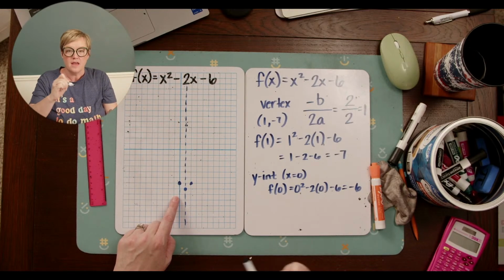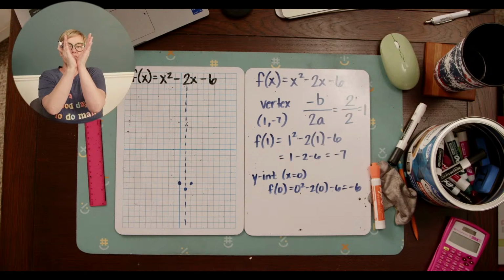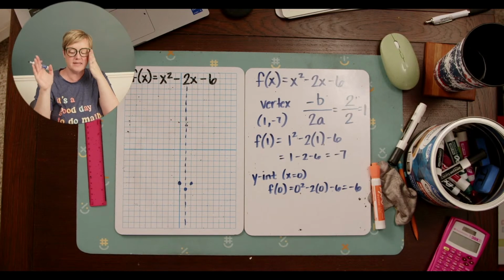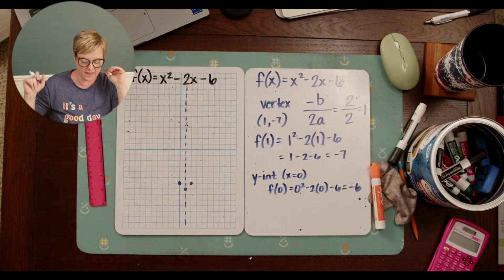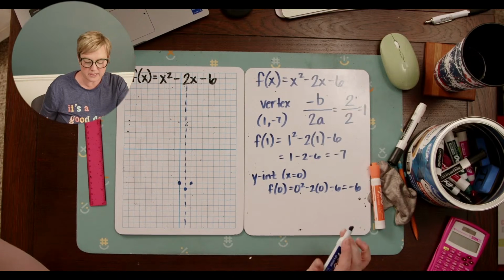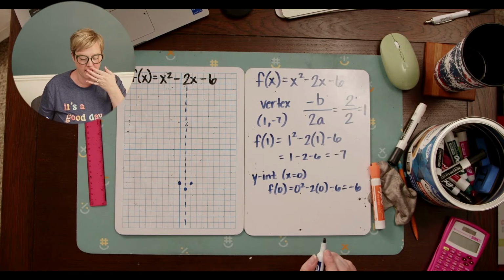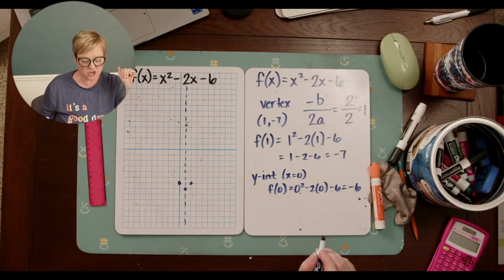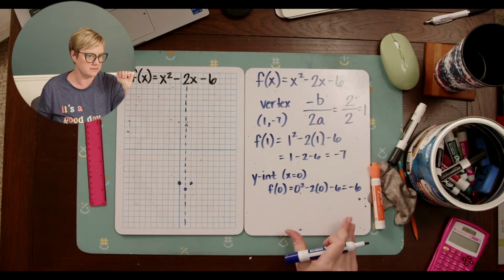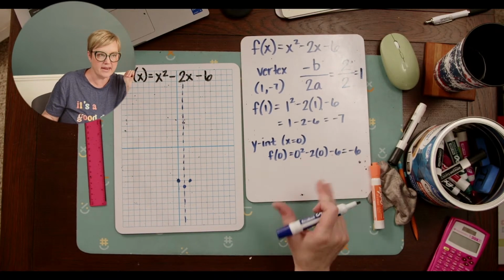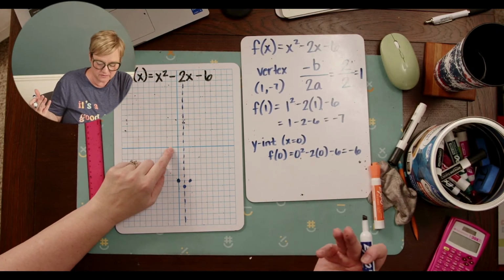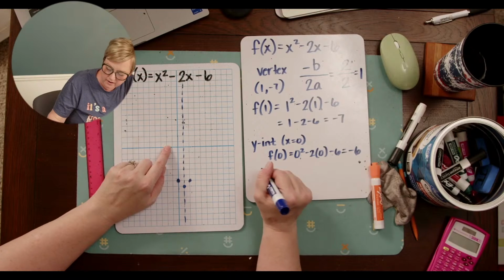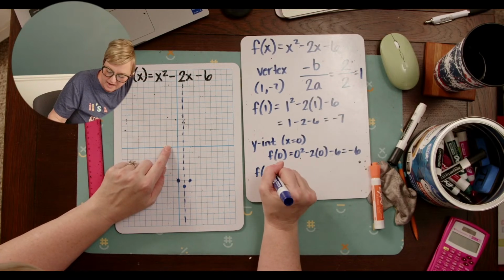Now what we want to see is how open it is. There are different things with the a and the b and how they play along, but I'm going to find two more points. We've got 0. How about we find negative 1? Let's do f of negative 1.